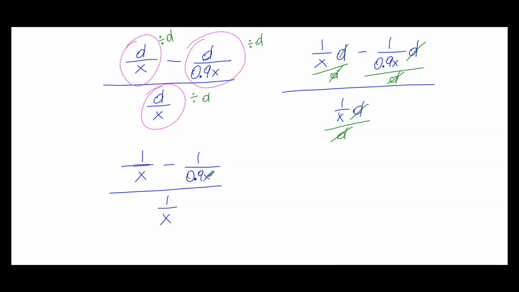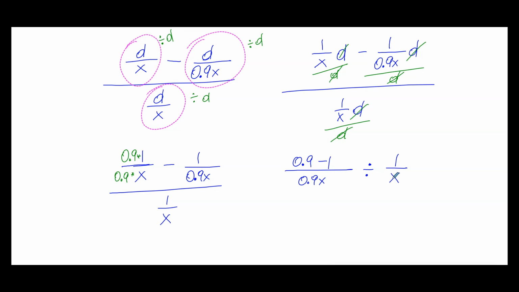This x is multiplied by 0.9, so for it to be the same I have to multiply the top by 0.9 as well. Now I can write 0.9 minus 1, all divided by 0.9x, and all of that divided by 1 over x.